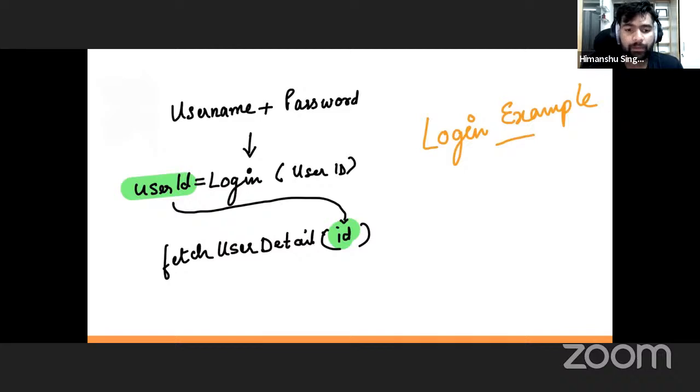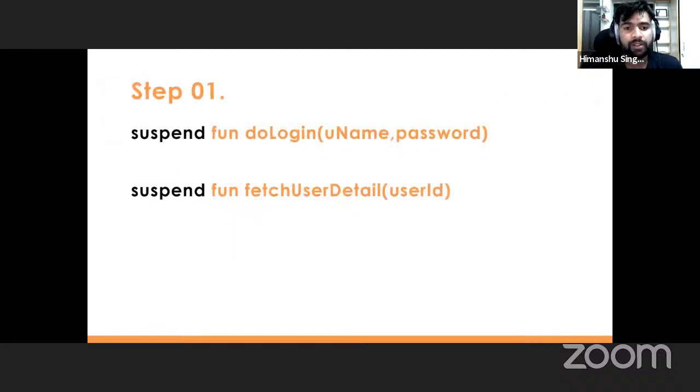Using that user ID, you fetch the user detail. So now you'll see we have two functions here. First, doLogin, which takes username and password. And then another function, fetchUserDetail, which takes a user ID. This is pretty similar to how we write a function in normal Kotlin.